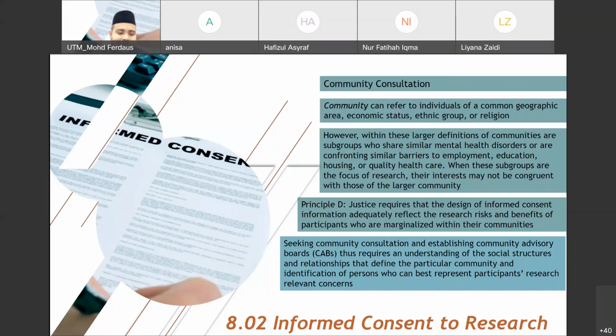Okay, so under Principle D in the standards of psychology, justice requires that the designs of informed consent information adequately reflect the research risks and benefits of participants who are marginalized within their communities. In some aspects, when I was doing my research before, from some cultural perspectives, they felt offended if the women in their community were interviewed directly by a male interviewer.